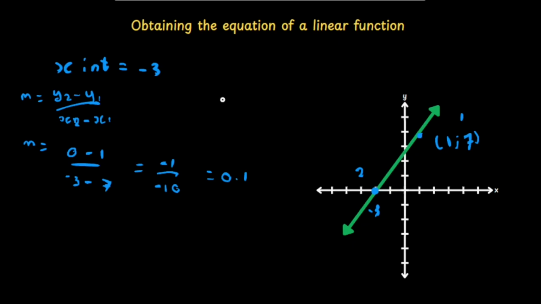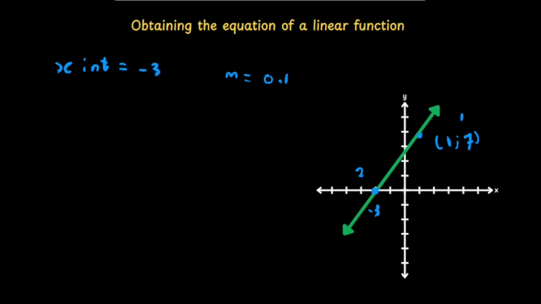Now I can keep this to the side so I know I'm working with it. And we are going to move on to the second step. So now that I've found the gradient of this line, I can now work on getting that last bit of information for the formula y is equal to mx plus q. So I found the m value, now I need to find the q value. And the way we would obtain this is simply by substituting in any 1 point into the formula. So from the previous step, I know that m is equal to 0.1.